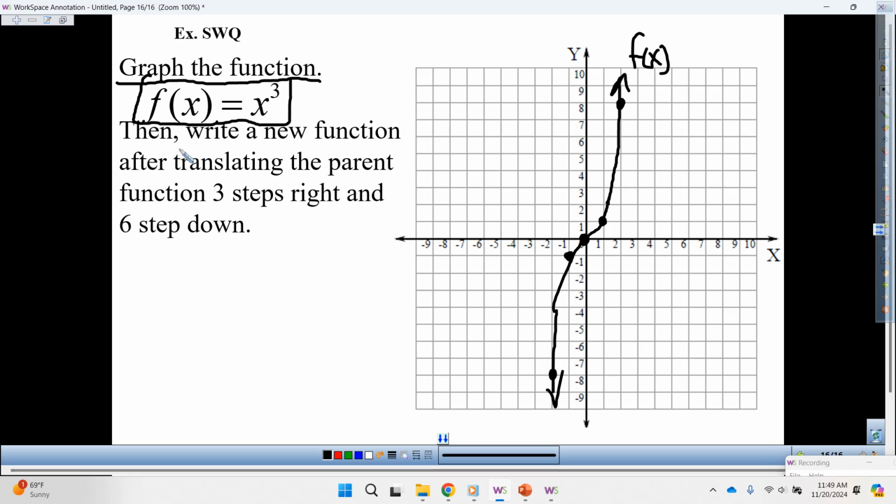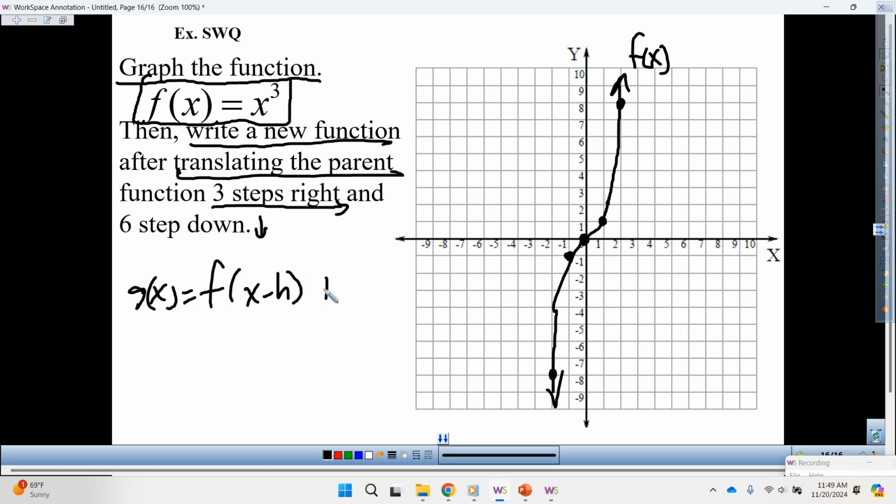And now we need to write a function for this translation. What does it say? It says 3 steps to the right and 6 steps down. Do you know how to write your new function, yeah? g of x equals f of x minus h plus k. You follow the steps, and that's how you do your last graph.